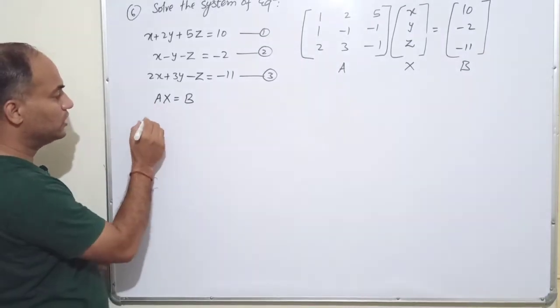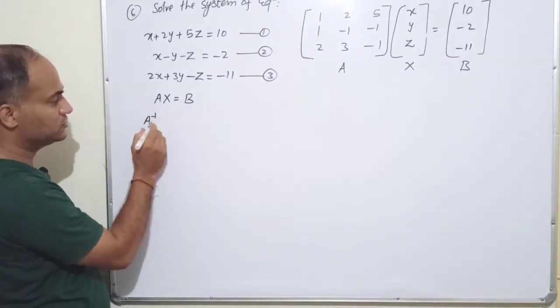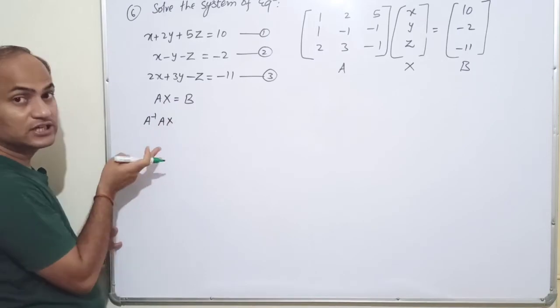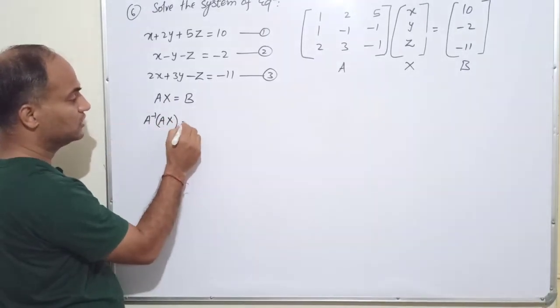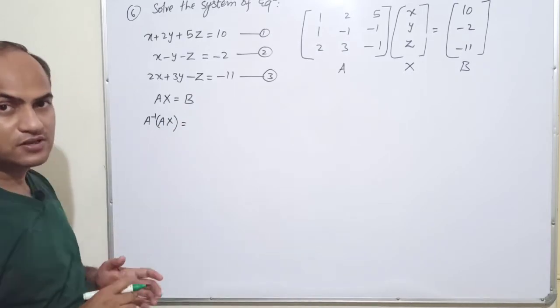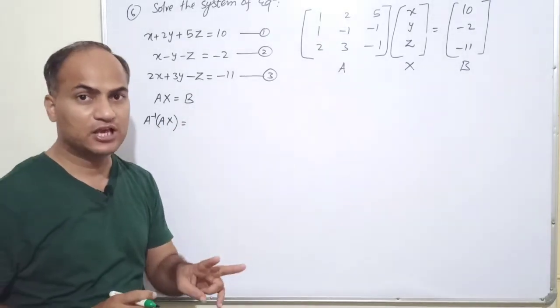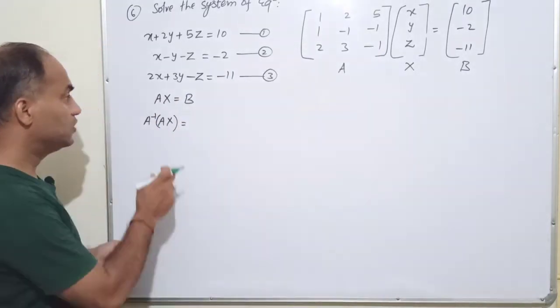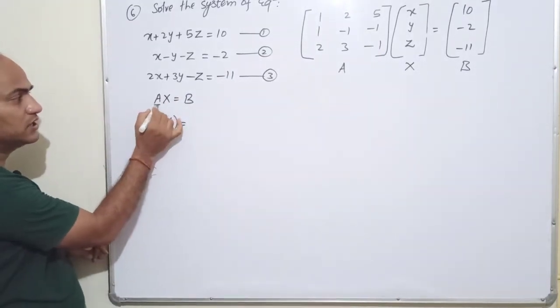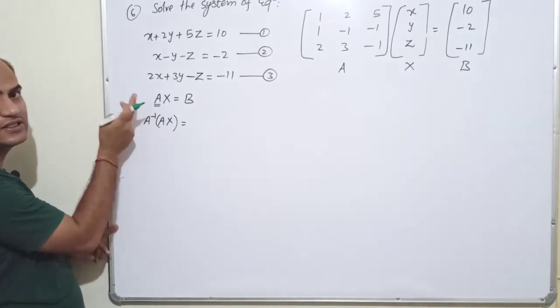And what we do here, we multiply these equations on both sides, obviously from the left side, because in matrices there are two types of multiplication, left multiply and right multiply. Okay, we will do the left multiply because here matrix A is given on the left.